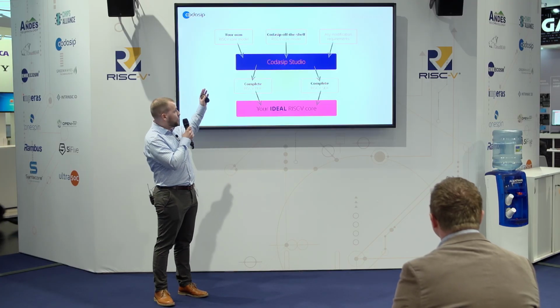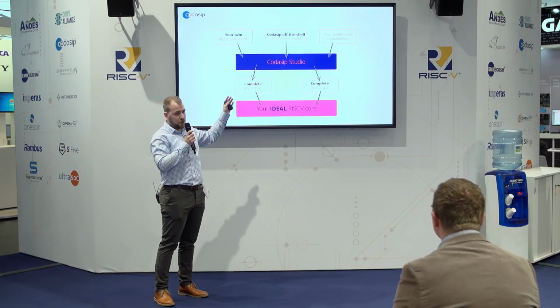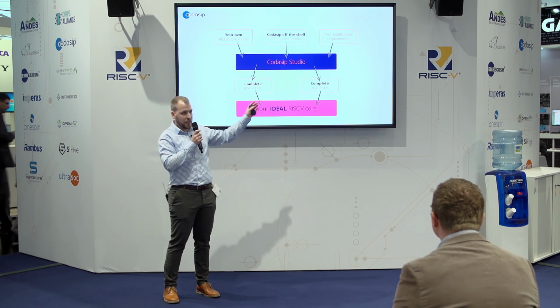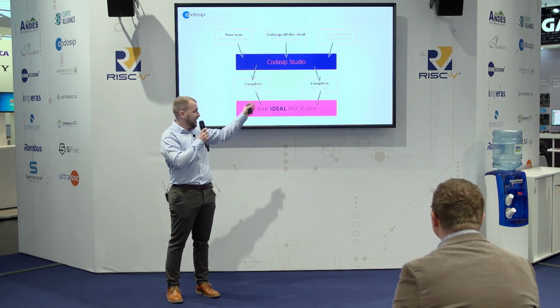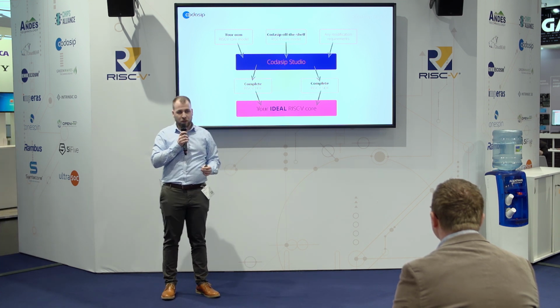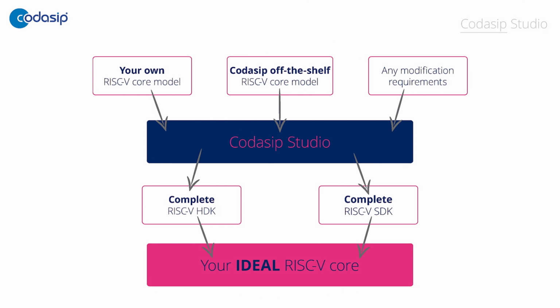Then the model is supplied to the Codasip Studio, and automatically the complete SDK is generated, which contains the compilation toolchain, simulator and other tools, and also the complete HDK, which contains the RTL and the verification environment. This way you can get your ideal RISC-V core, and it basically works at the click of a single button.